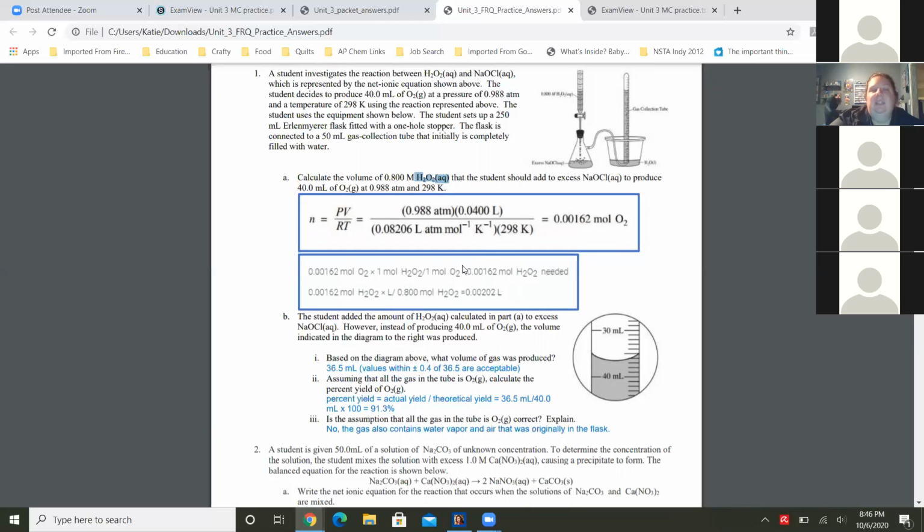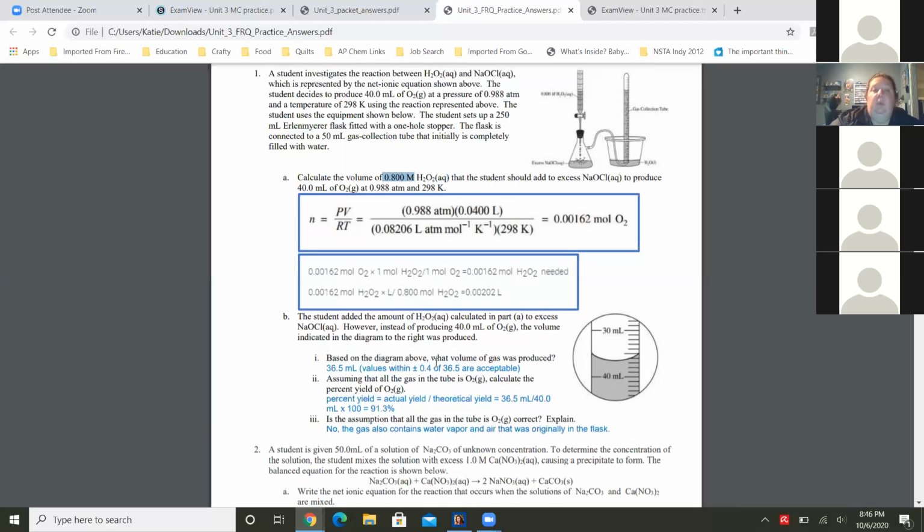In this answer key, I copied this out of the official answer key, I wouldn't split this up into multiple steps. I would just do it as one long dimensional analysis. So I'd start with my moles of oxygen, do my mole ratio to get to moles of H2O2, and then, this is a step that I wouldn't ask you to do on the test because we haven't talked real hard about molarity yet.